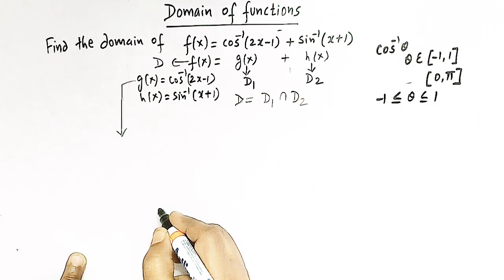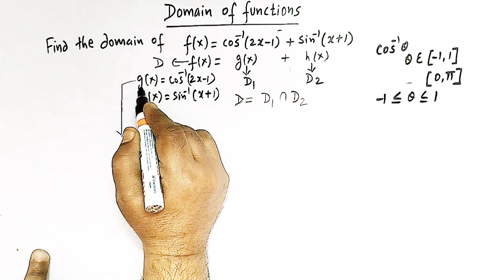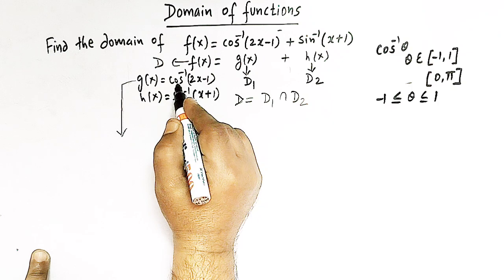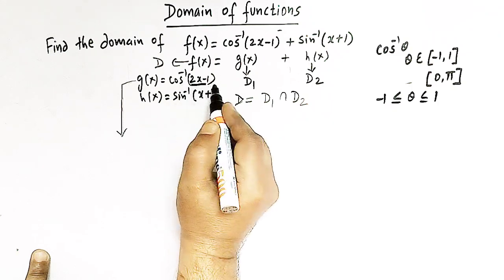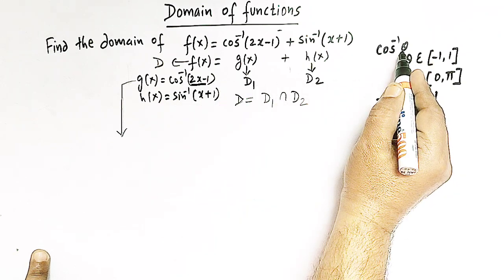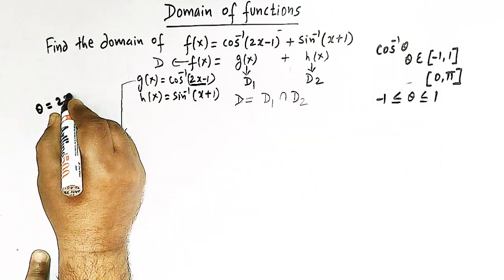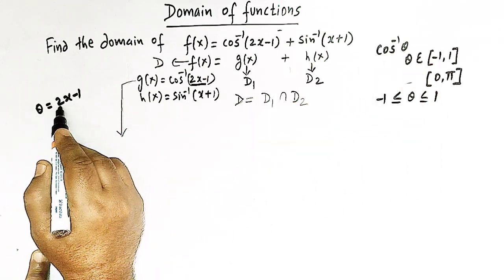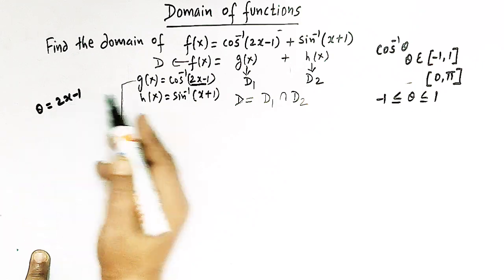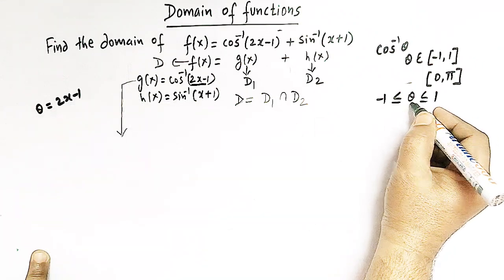In the function g of x, we have cos inverse of (2x minus 1). So for theta, we can take 2x minus 1. Let us substitute theta equal to 2x minus 1 in this inequality.